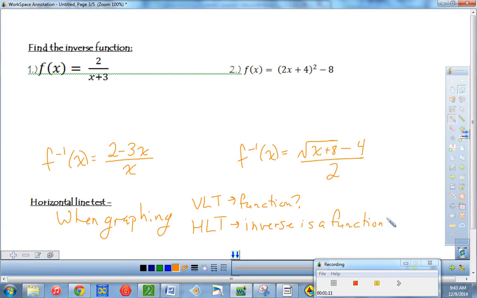So for instance, if I have the graph, just a parabola, this passes my vertical line test. This guy's a function, but if I do a horizontal line test, it hits 2 points. That means that its inverse is not a function. Okay, that's something we'll look at a little bit more as well. The key here is if it passes, that means it is a one-to-one function.